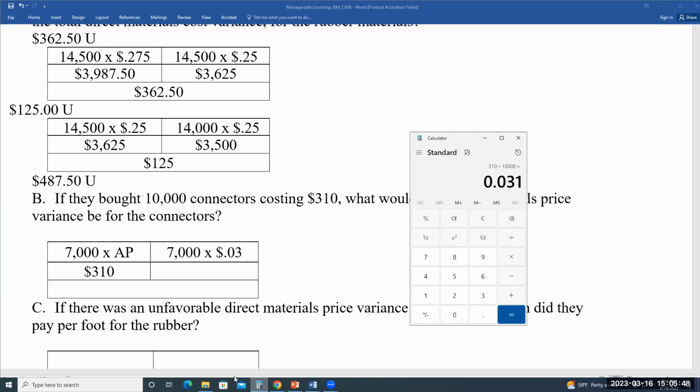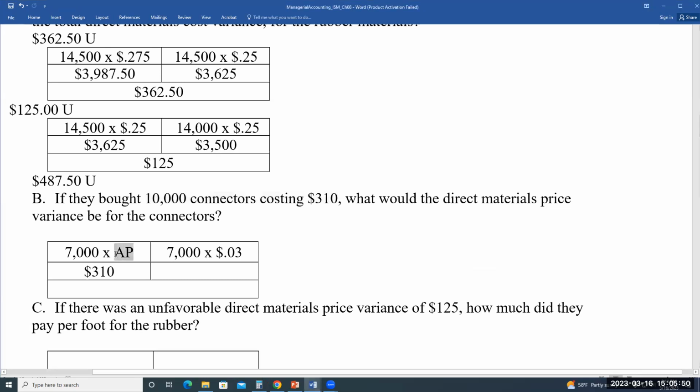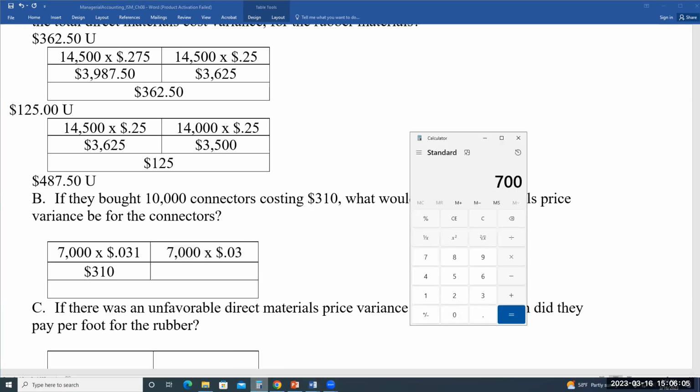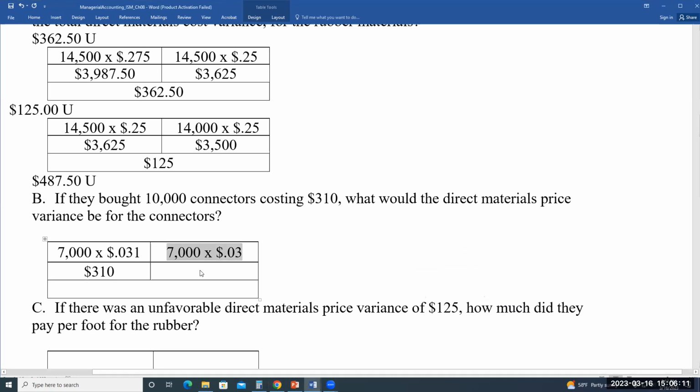So it's 3.1 cents per connector. Slightly more than the standard. Oh, you know what though? I take it back. This number does not go here.